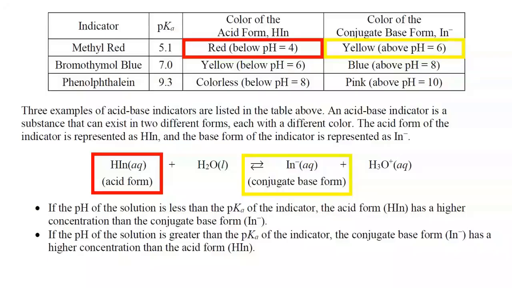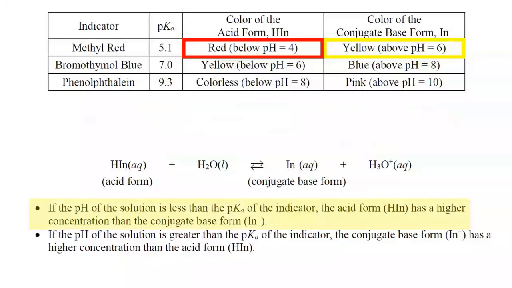Now pH versus pKa, let's take a look. If the pH of the solution is less than the pKa of the indicator, the acid form, HIN, has a higher concentration than the conjugate base form, IN-. I'm going to use sort of a Le Chatelier's principle argument to explain which side of this equilibrium system would be favored.